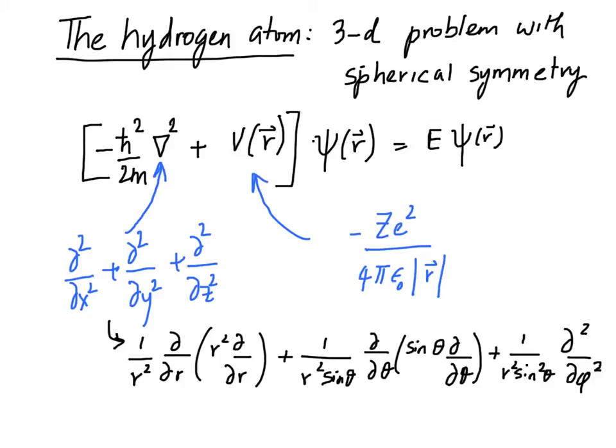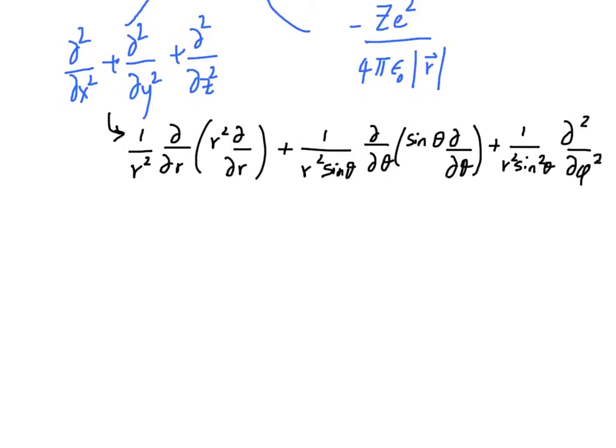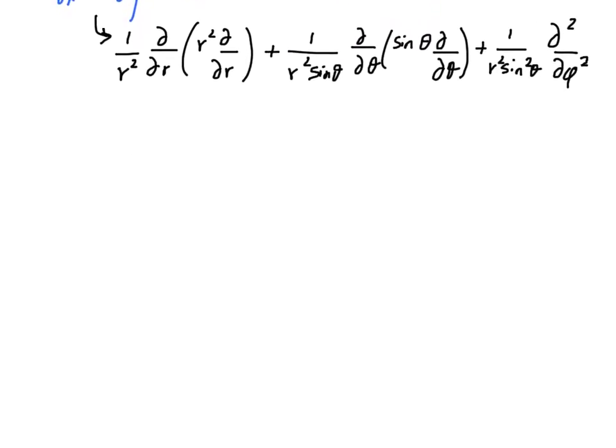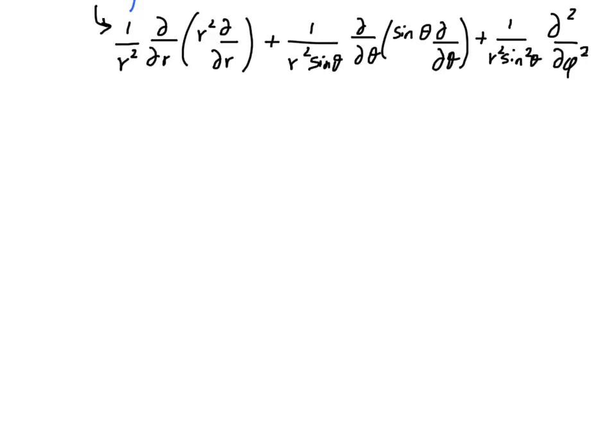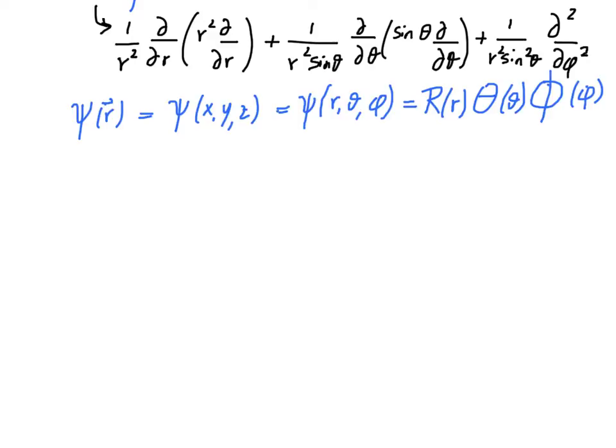Now, we are not really going to go through all the gory details of it. Again, I'm going to refer you to a quantum mechanics book, but I'm just going to highlight some of the important milestones. So here is what I just said. Our wave function is a function of three variables x, y, z, or r, theta, phi. And because of that, it turns out that we can factor our wave function psi into three pieces: one depending on r, the second one depending on theta, and the third one depending on phi.